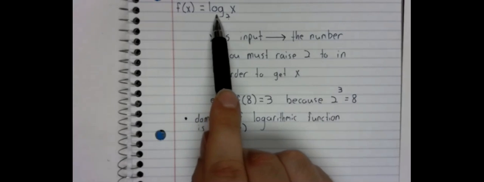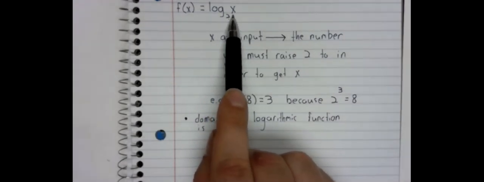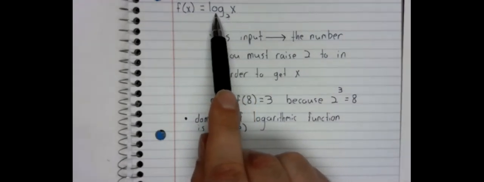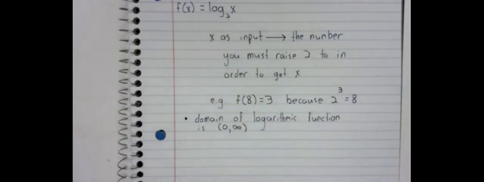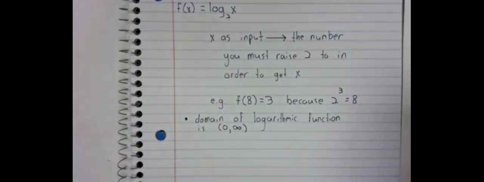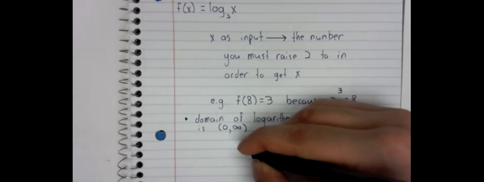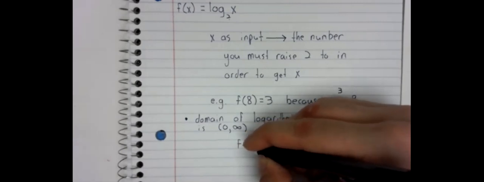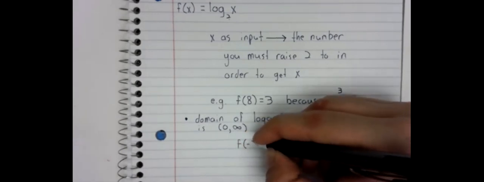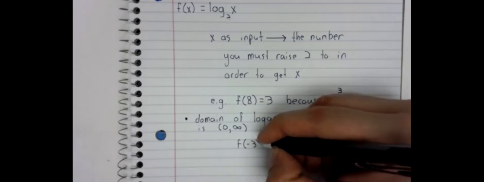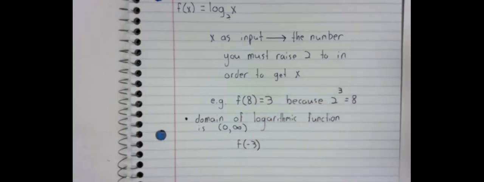And why is that? Well, look at this logarithm base 2, for example. Say you wanted to try to define f of -3.